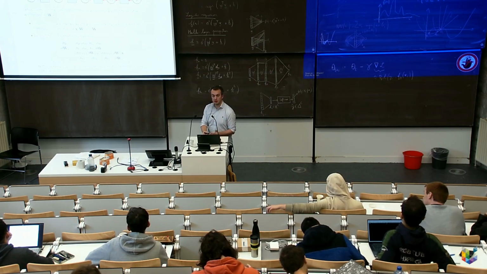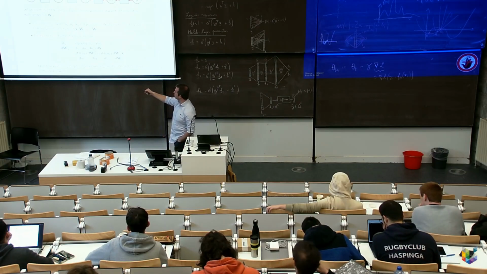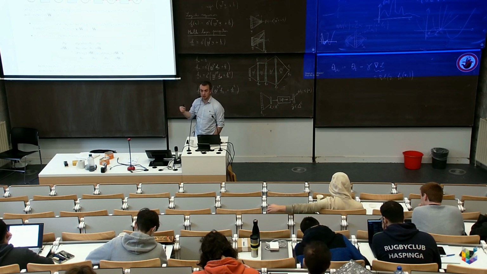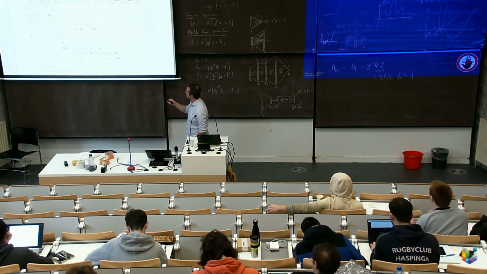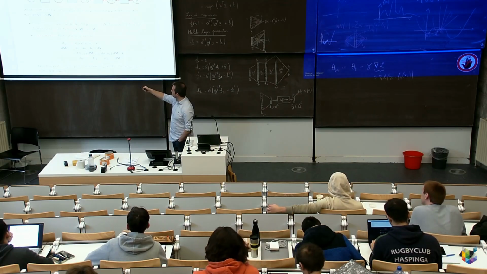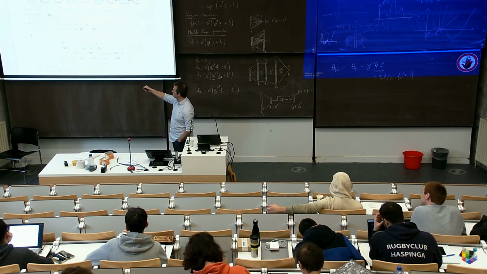Okay, why is that? If you look, for example, at the partial derivative of the output with respect to the first parameter, then if you apply the chain rule, the partial derivative of y hat with respect to W1 is the partial derivative of y hat with respect to its parents.